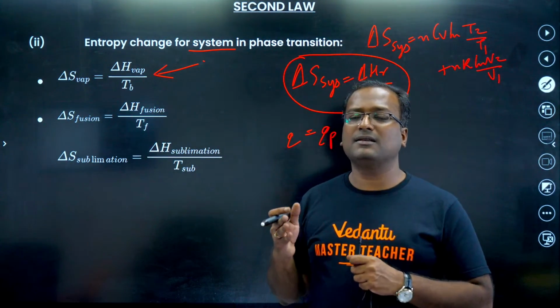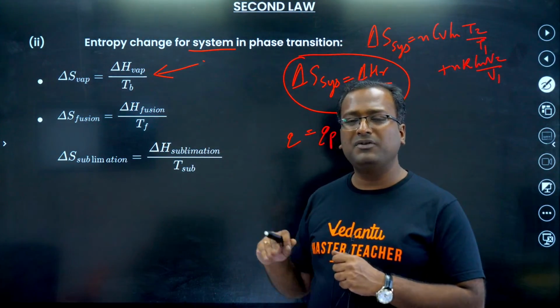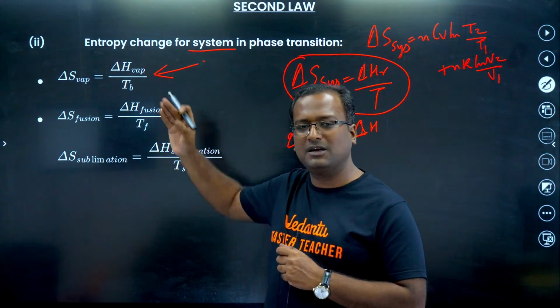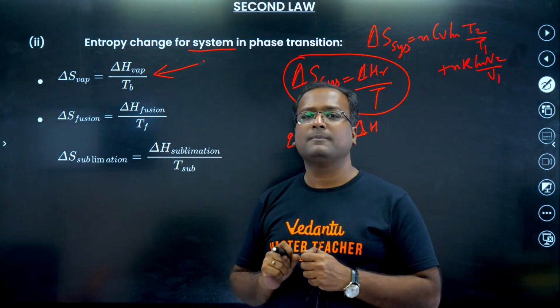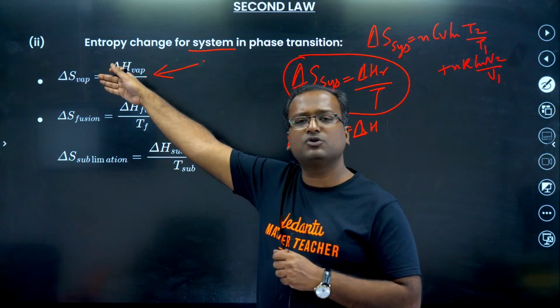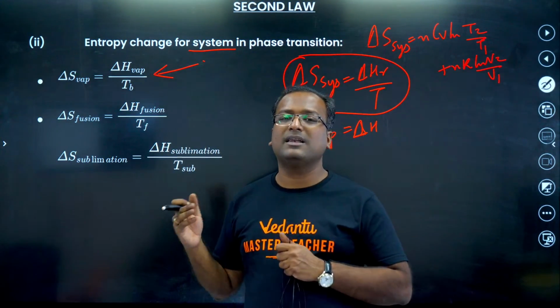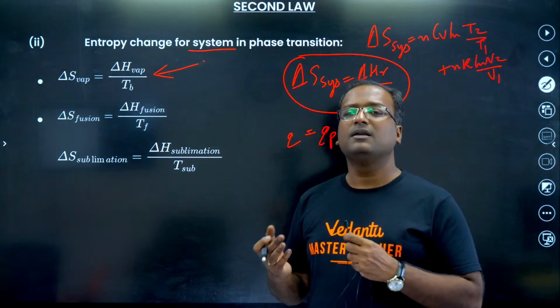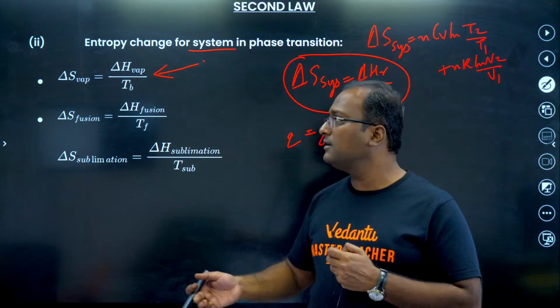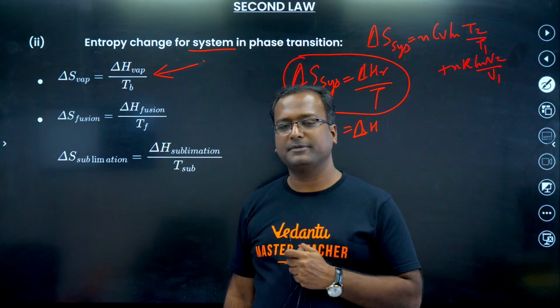When we vaporize a liquid, we have to provide enthalpy of vaporization. We have to heat the liquid. That means del H is a positive term, so del S is also a positive term. When you convert liquid to gas, the randomness increases, the force of attraction decreases, and so we say the entropy change is positive.